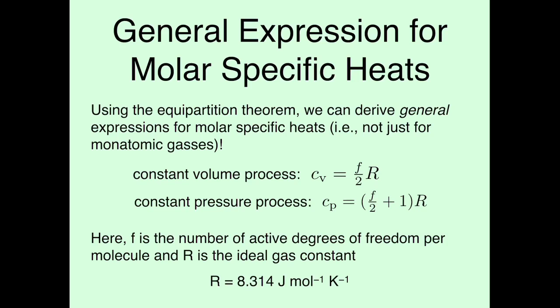Okay, and that's something I showed you how to do for a monatomic gas and a diatomic gas. You know how to count those degrees of freedom. We also need to know R, which is the ideal gas constant. Again, that's 8.314 joules per Kelvin mole. So as long as you know those two things, you can calculate any specific heat.